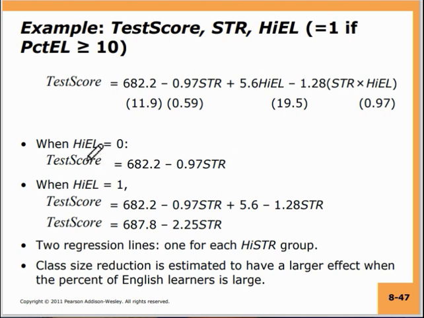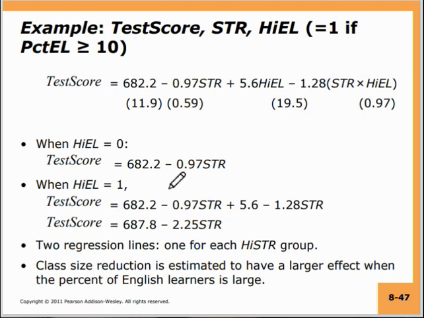When high English learners is 0, test score is 682.2 minus 0.97 STR. These two terms drop out. And when high English learners is 1, then we have 682.2 plus 5.6 minus 0.97 STR minus 1.28 STR, that is 687.8 minus 2.25 STR.